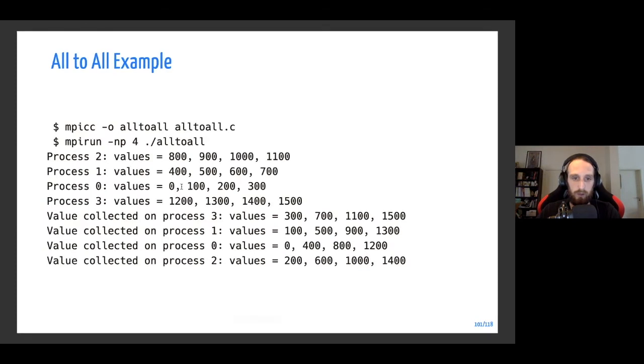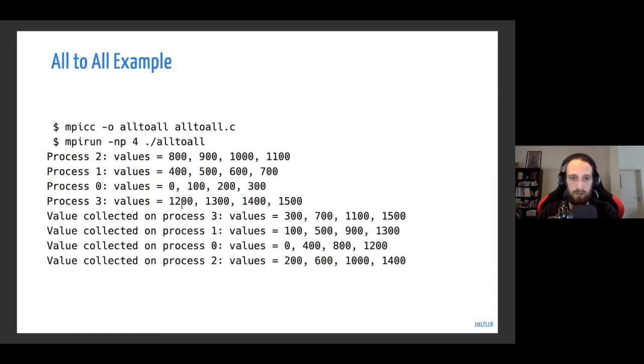Then, of course, the process with rank 0 should receive 0, and then the first value of process 1, 400, and the first value of process 2, 800, and the first value of process 3, 1200. So this is exactly what we see. So the value of process 0 after the all-to-all is 0, 400, 800, 1200.